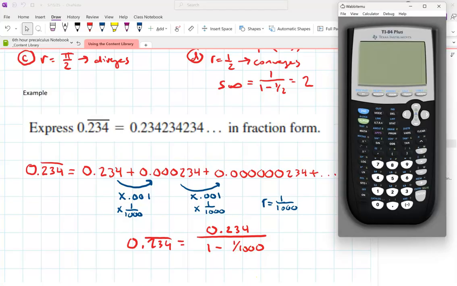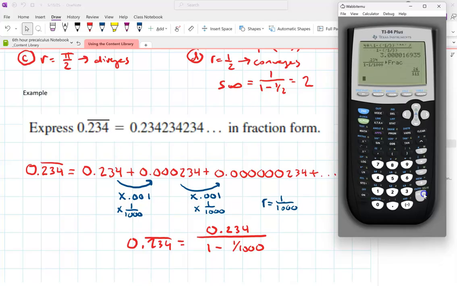So into my calculator she goes. So 0.234 over 1 minus 1 over 1,000. And then I'm going to press math frac afterwards to make sure it gives it to me as a fraction.